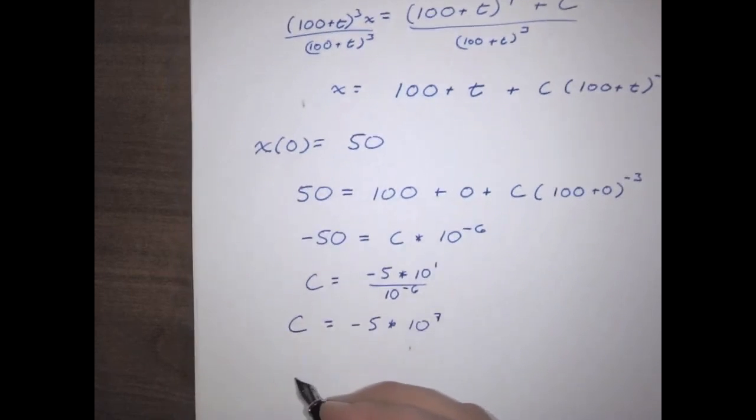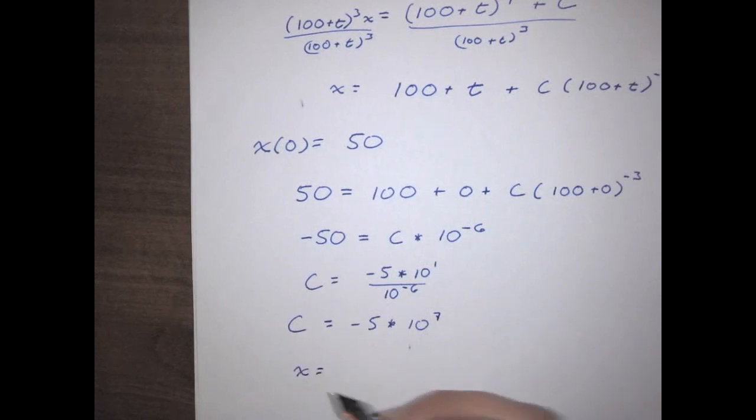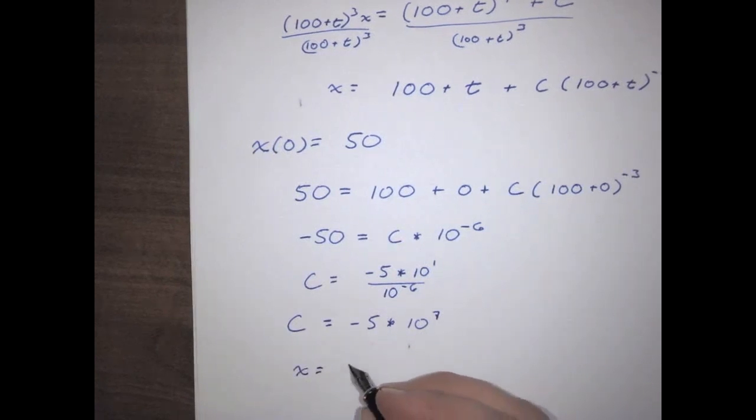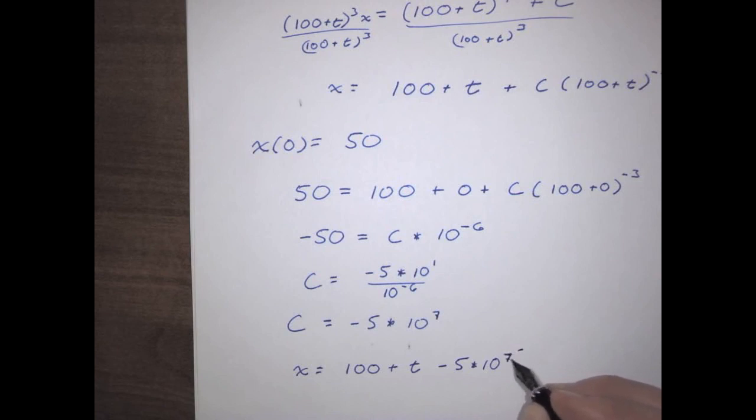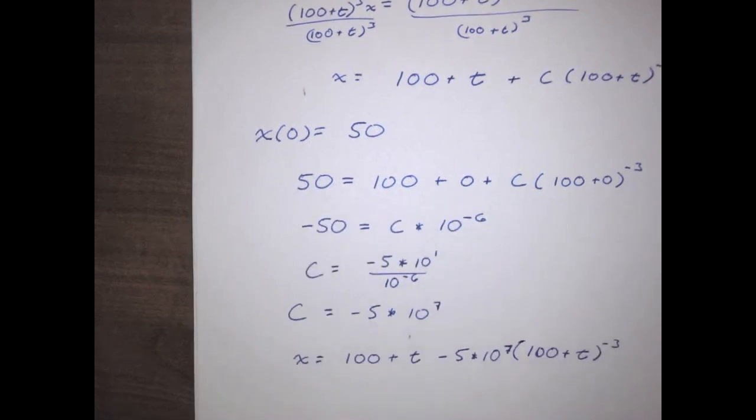Okay, so then that's going to give us our x, which equals 100 plus t minus 5 times 10 to the 7th times 100 plus t to the negative third.